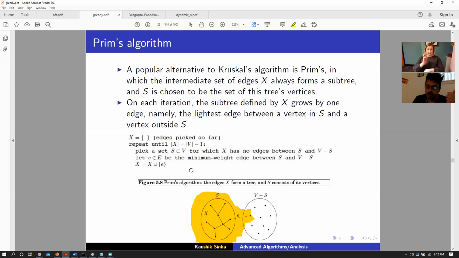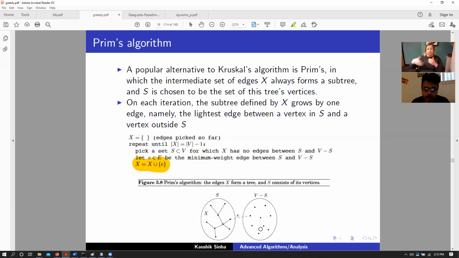And if E is the minimum cost edge to a vertex that we have not discovered yet, we basically append that particular edge to our set of edges, and that is the new tree, and we keep on increasing our exploration distance as we move forward, right?